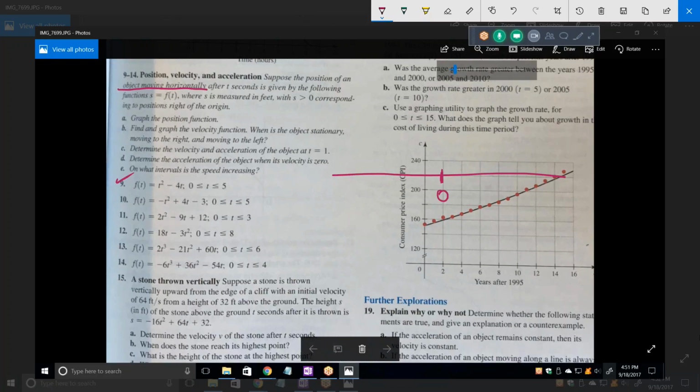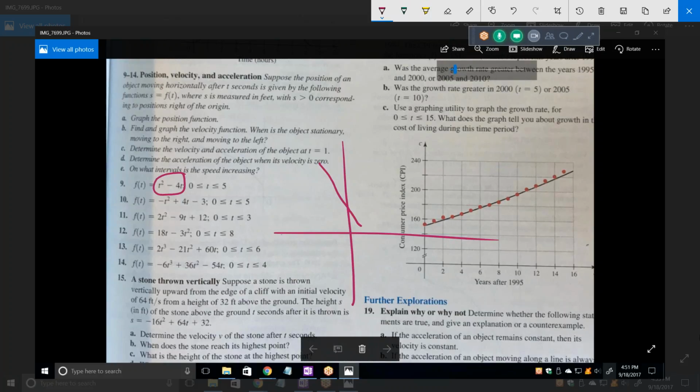Well, the graph of that function is, let me redraw that. If I draw a position function based on that function right there, it's a parabola, is it not? And I believe it's a parabola that basically goes like that, where t goes only from 0 to 5.